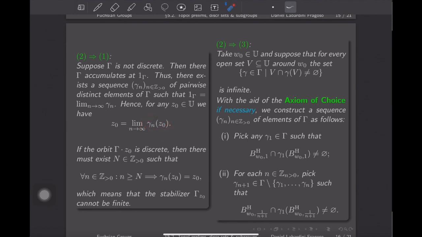That is, after some point, everything is just equal to the limit. But then what I have is all of these are pairwise distinct elements of gamma that fix Z naught. So the stabilizer is infinite. And then I got what I wanted, right? That if gamma is not discrete, then either this one is not closed discrete, or the stabilizer is infinite.